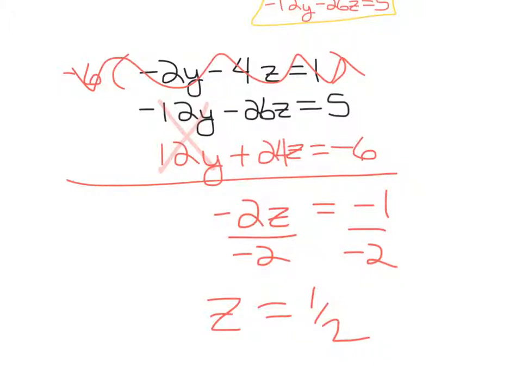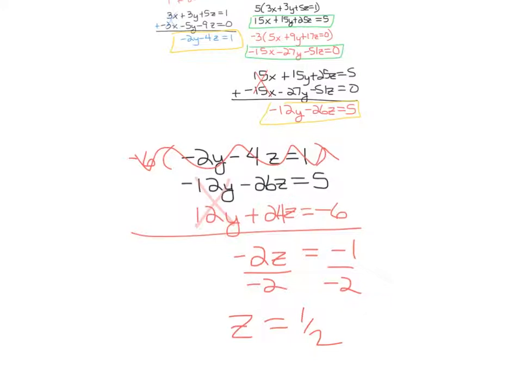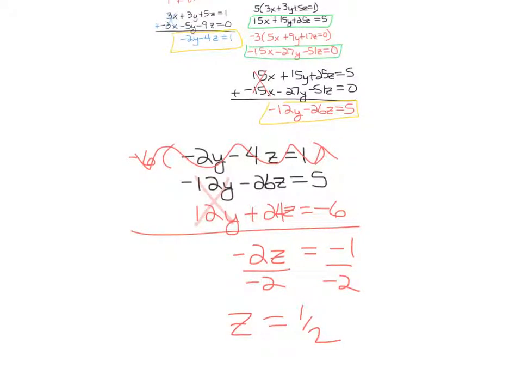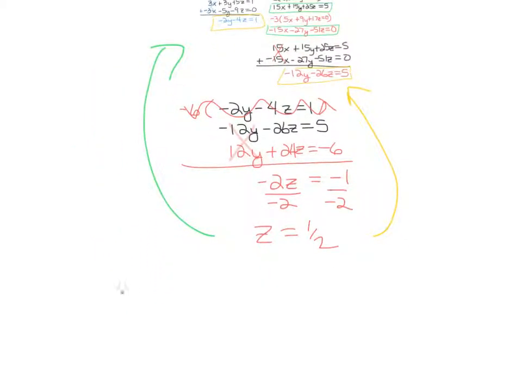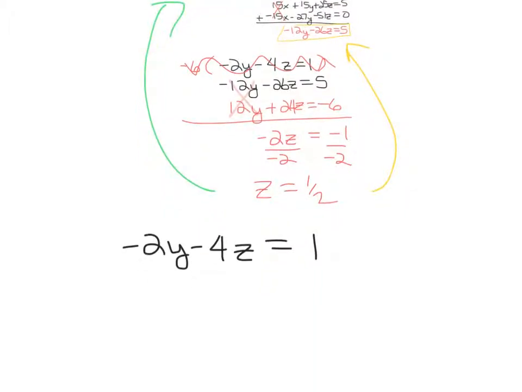I now work back up and plug it in. So now I'm going to go up and go green. So -2y minus 4z equals 1. Plug in 1/2 for the z.